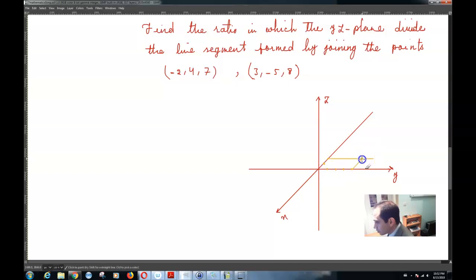So you have this point over here, and 1, 2, 3, 4, 5, 6, and 7. You would get a point over here. Let's call it point A and point B. And point B would be this point over here, 3, 1, 2, 3, -5, so 1, 2, 3, 4, and 5.